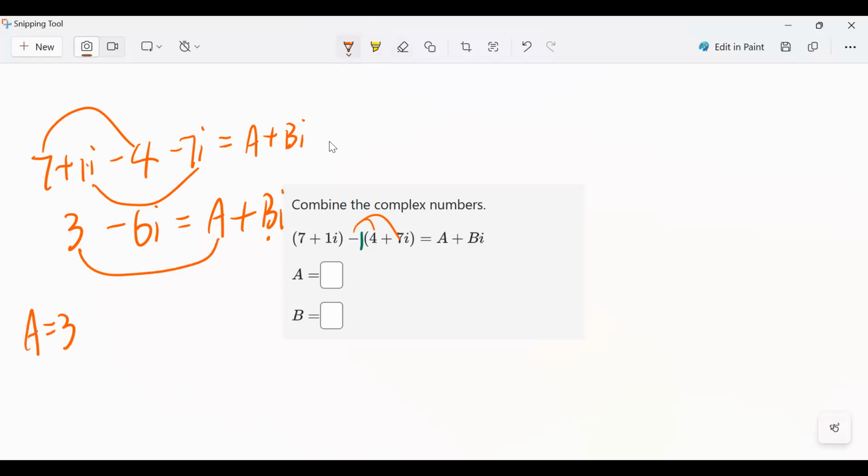And B equals -6, not 6, right? It's a tricky thing that sometimes you forget to put a sign, but if the sign is included, it will be -6. B equals -6. 3 and -6. Always include a sign in front of the i.